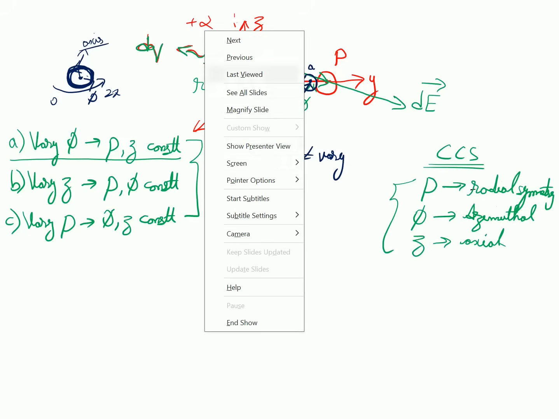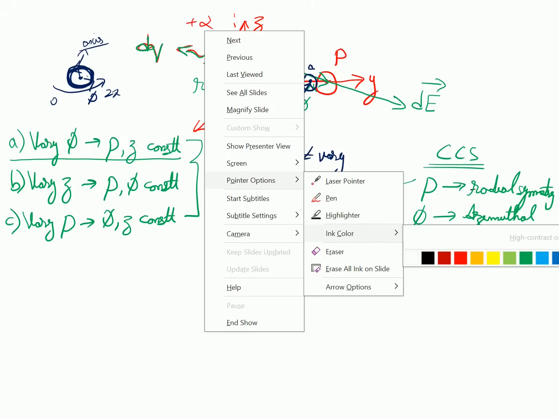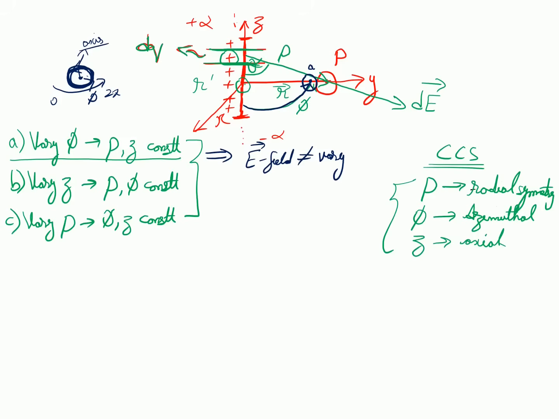Now let's go to the second point, and we want to see what is going to happen if we move the object in the z-axis, keeping rho and phi constant. Let us say I take the value of rho to be some point again over here, and the value of phi is also over here, so it is the same point.